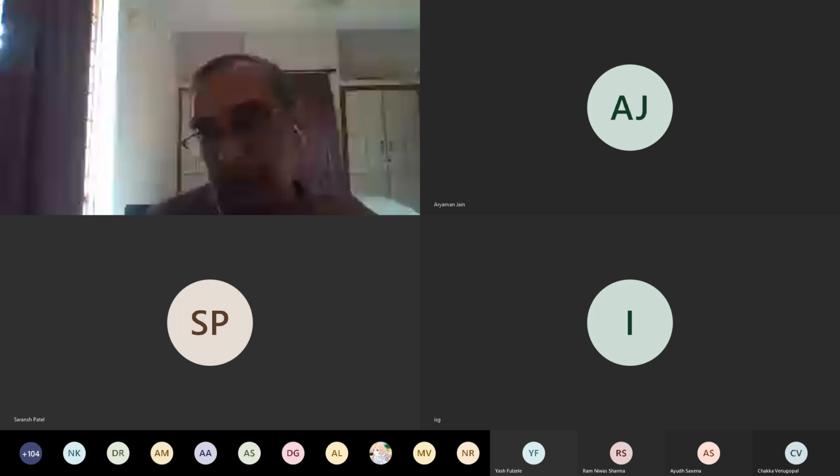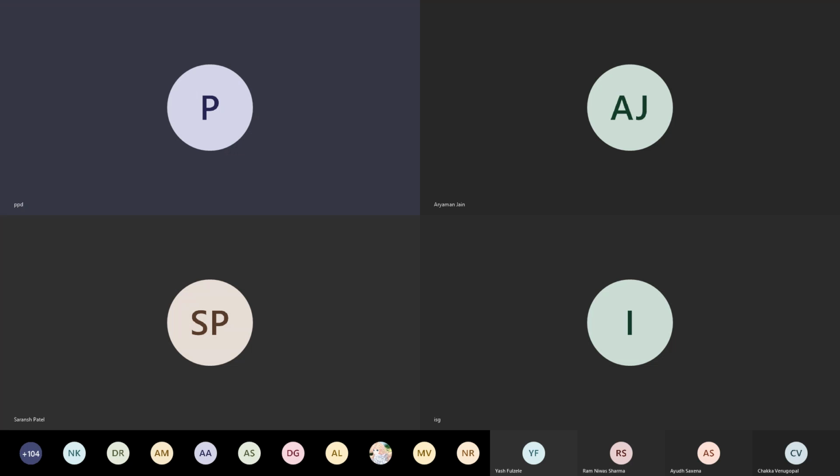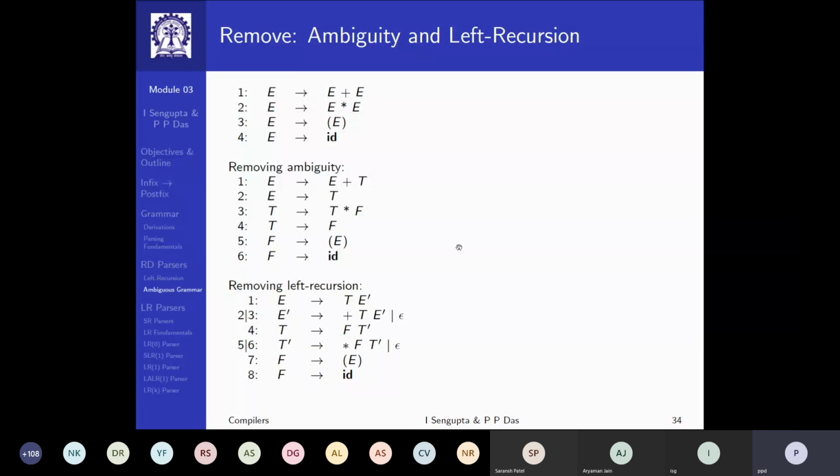So let me then continue, and I'll start going into the other class of parsers, which are called the LR or the bottom-up parsers.